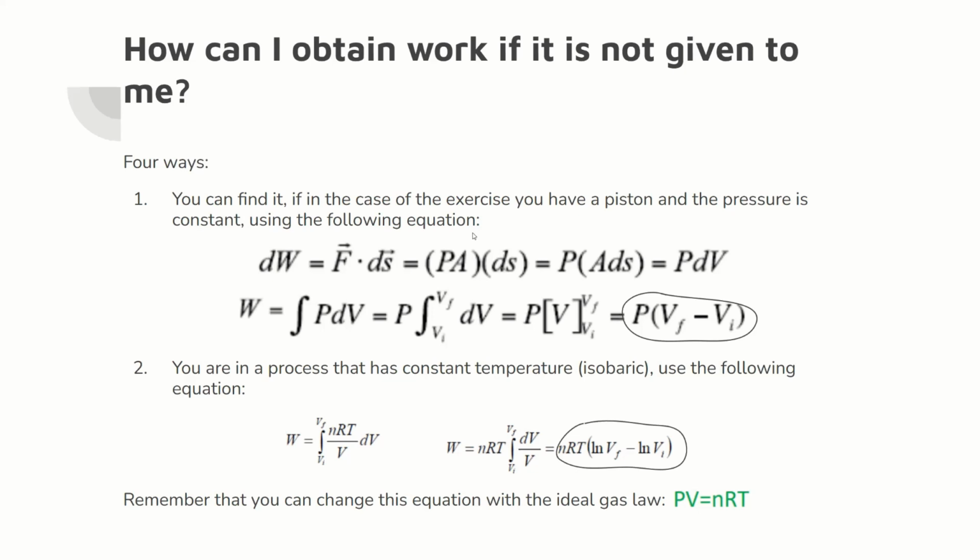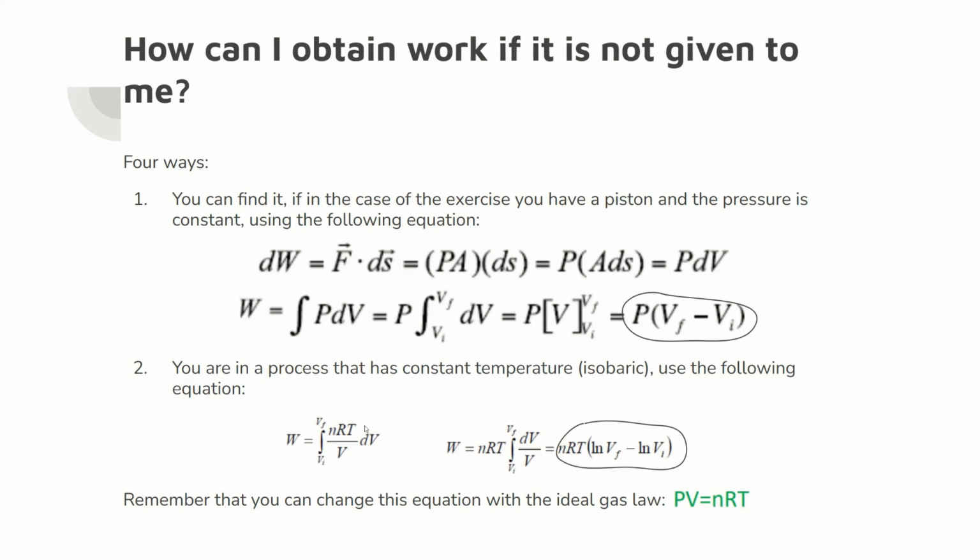If you're changing some properties of a fluid from state 1 to state 2, and the pressure remains the same throughout, then you can use this formula to find the work. The work is equal to pressure times the difference in volume from state 1 to state 2. So that's for isobaric processes.